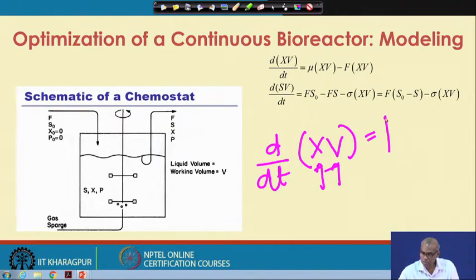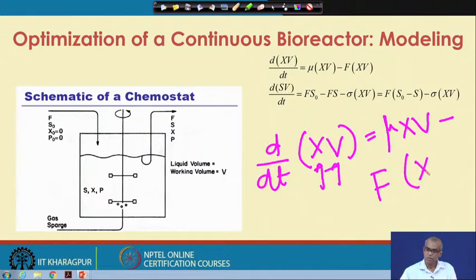So, this mu into xb is the quantity corresponding to the growth of the biomass, and then the biomass leaves with the exit stream. So, that will be flow rate into xb. So, this is how I get the first equation, which is the mass balance equation on the biomass.